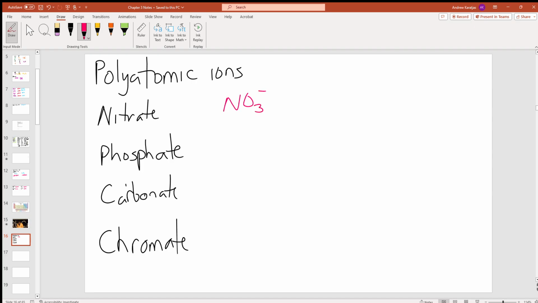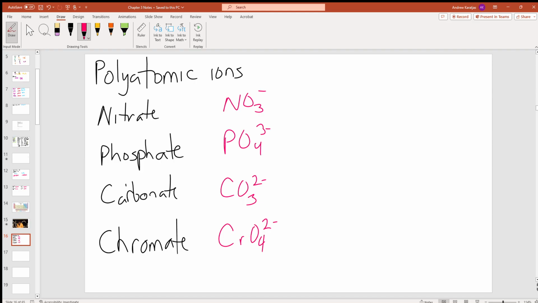Nitrate is NO3 minus, phosphate PO4 3 minus, carbonate CO3 2 minus, and chromate CrO4 2 minus. So with each of these polyatomics, and there's quite a few more after this page, basically three things you're going to have to remember.